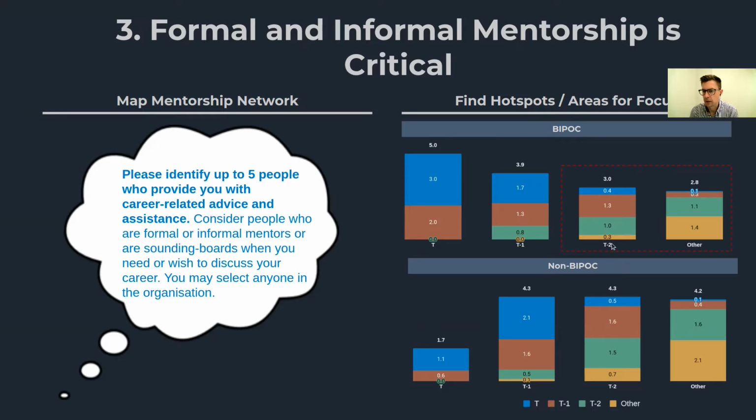We look at T-2, for example, and they have 3 total mentorship nominations, and we can also see how that is divided up between the T levels, so the most senior level, then the T-1 level, which is 1.3. And we can compare that to the non-BIPOC population below, which is 4.3 in total. And we can also compare the different levels there.